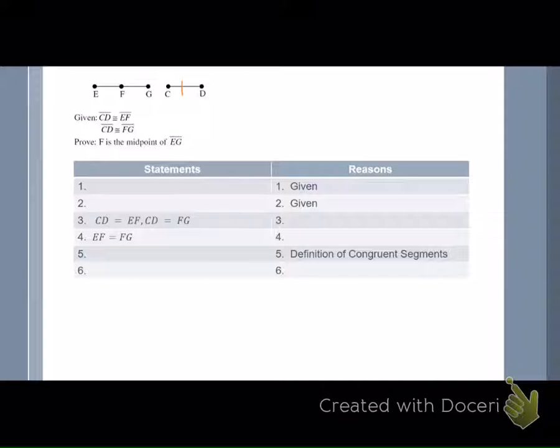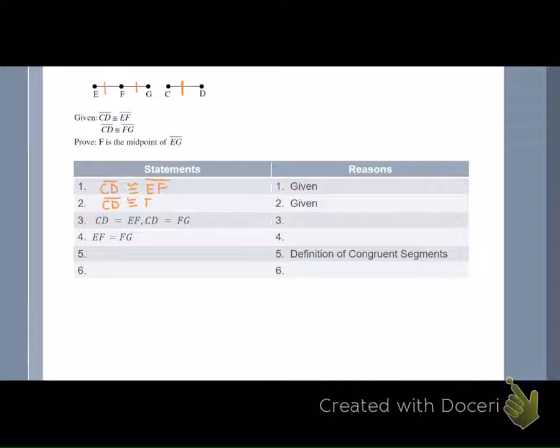So CD is congruent to EF, and then you also know that CD is congruent to FG. So we need to prove that F is the midpoint of EG. So what do we start off by writing, Cameron? CD is congruent to EF. And CD is congruent to FG.